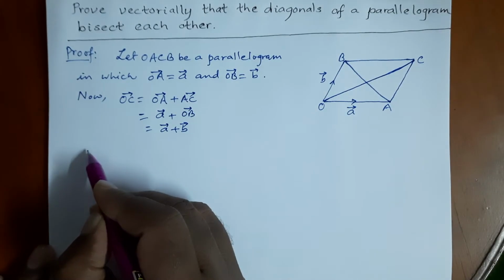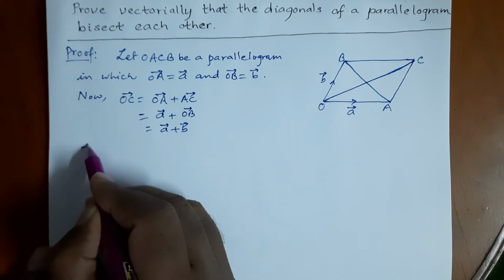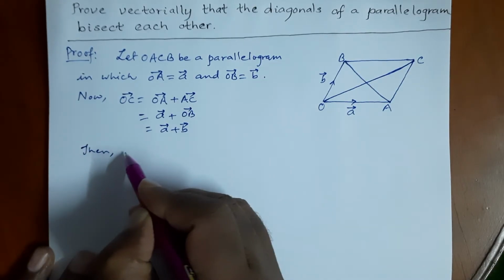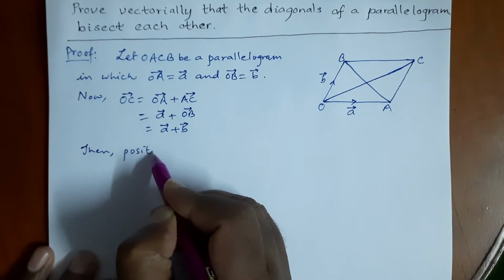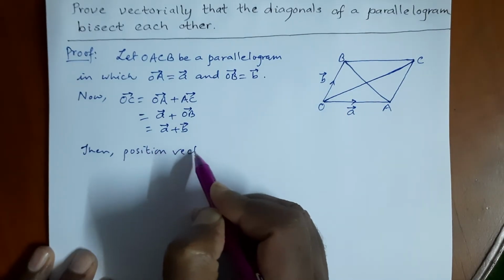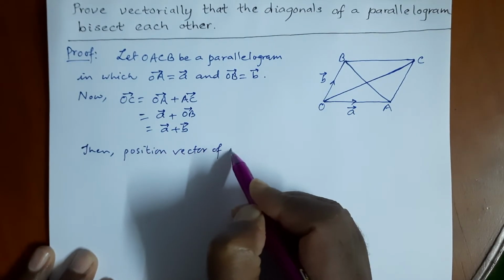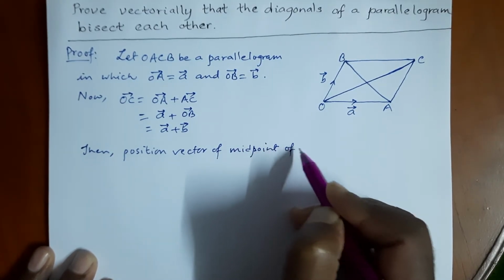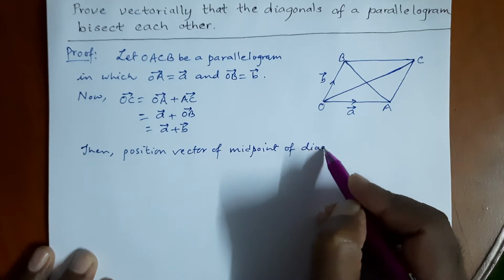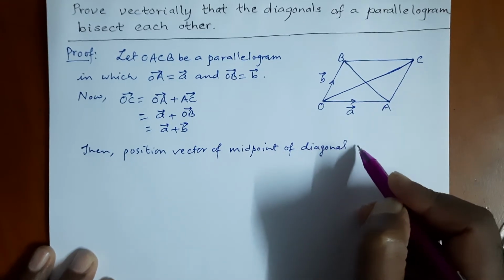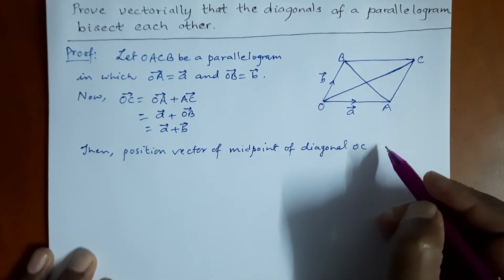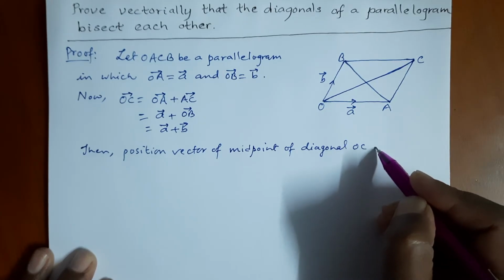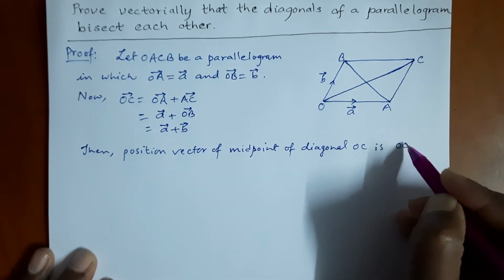Now the position vector of the midpoint of diagonal OC is vector OC over 2.